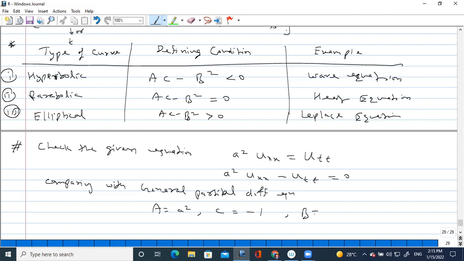Okay, and here b is what? 0, because no xt term is there.